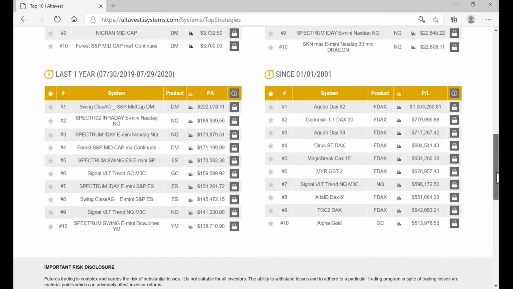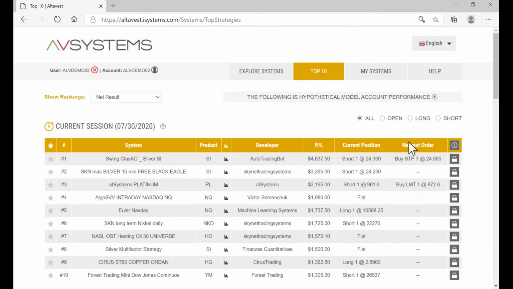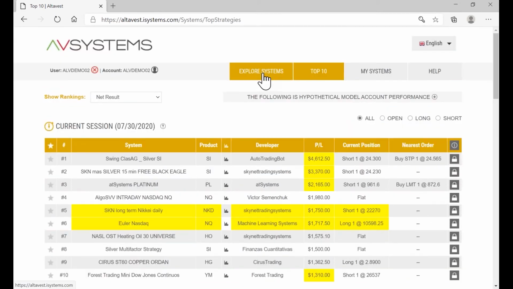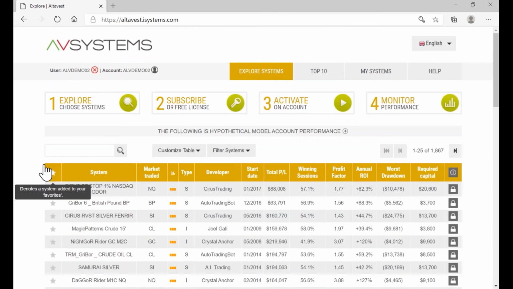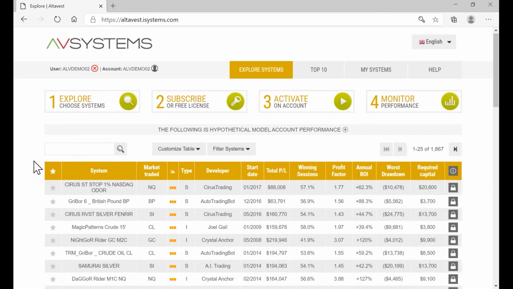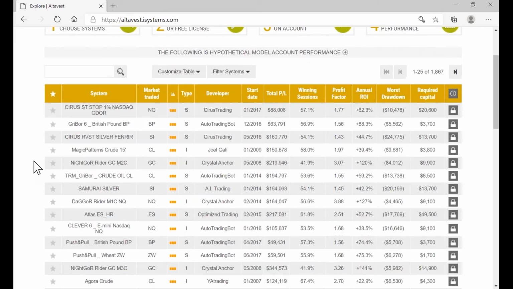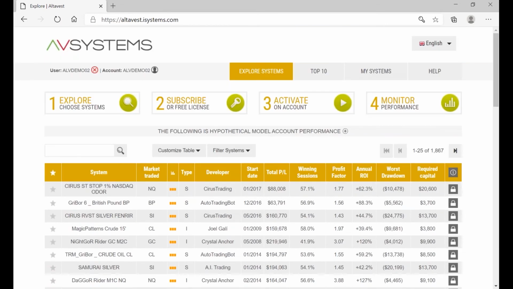So it's kind of fun to look at this page too, the top 10 systems. With that said, I think that's a great overview, and it's very powerful and very simple to use. People want to ask us, and I'll get to it in a second, where do you begin? How do you even know where to start and what to filter for? But we're going to show you that in just a second here.